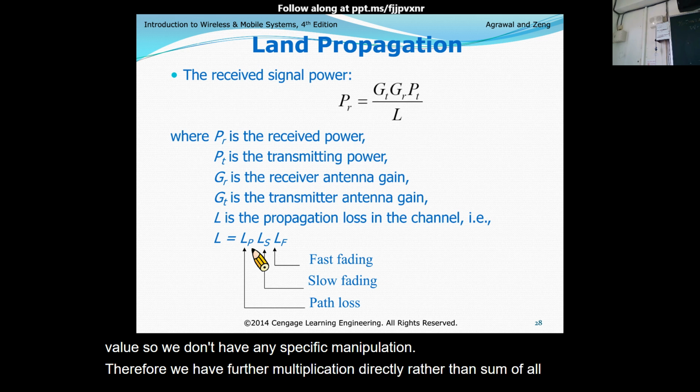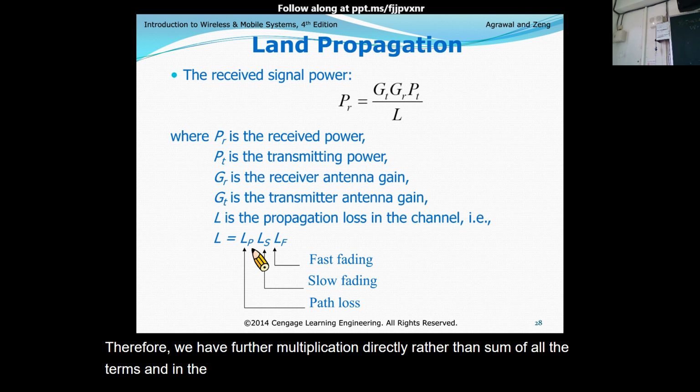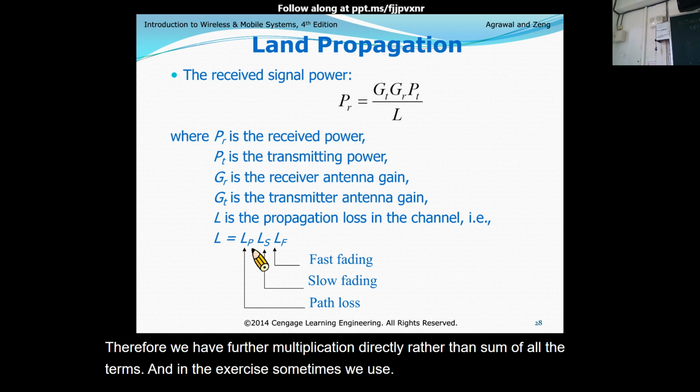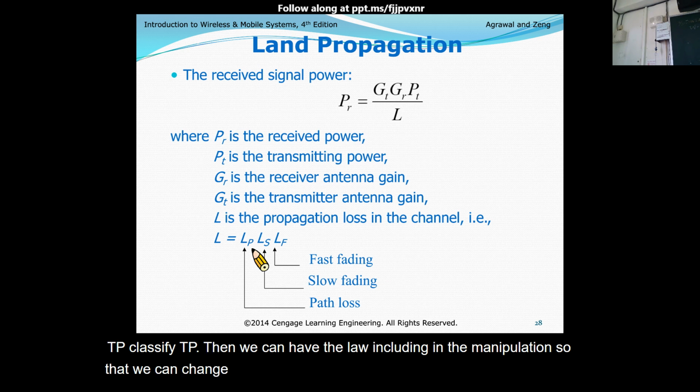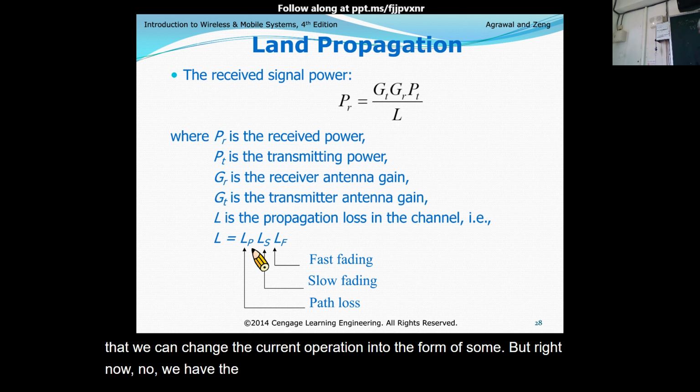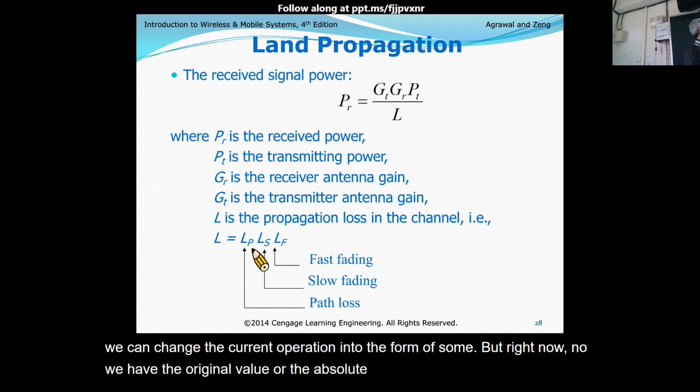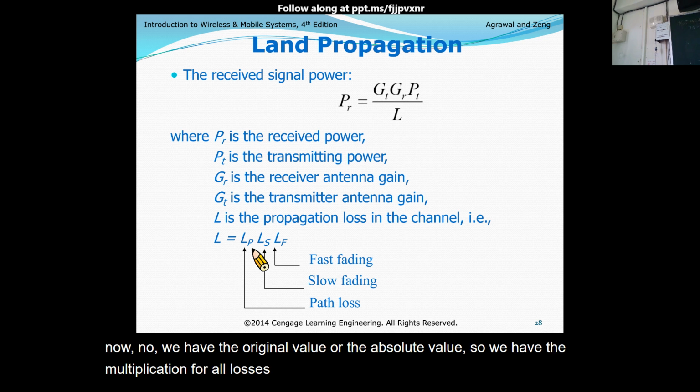In exercises, sometimes we use dB, decibel. With dB, the log is included so that we can change the operation into a sum. But right now we have the original or absolute values, so we have multiplication for all losses and multiplication for all gains. All right.